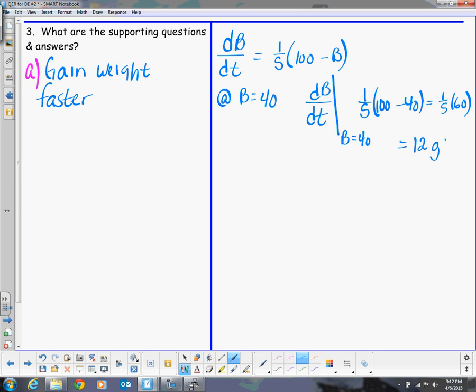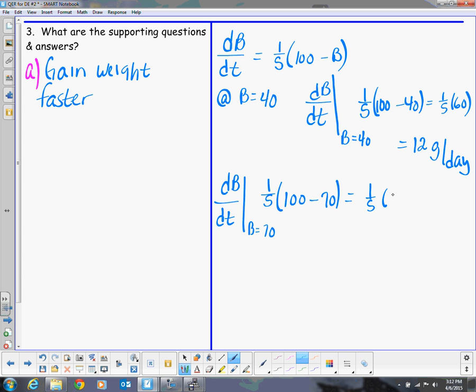That's at 40. Now we're going to do dB over dt when b is equal to 70. That's going to be 1/5 times, notice I'm substituting 70 in for b. This helps focus where you need to put it. So this is 1/5 of 30, which is 6 grams per day.